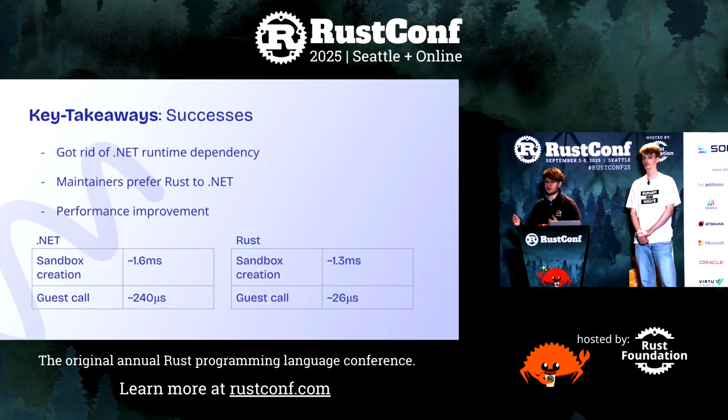There have been performance improvements through features and other work that we've done in the project itself. But overall, our sandbox creation time dropped from 1.6 milliseconds to 1.3 milliseconds with Rust, and calling into the guest dropped from 240 microseconds to 26 microseconds, just like a 10 times improvement.